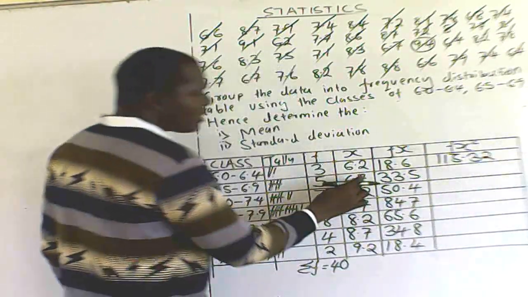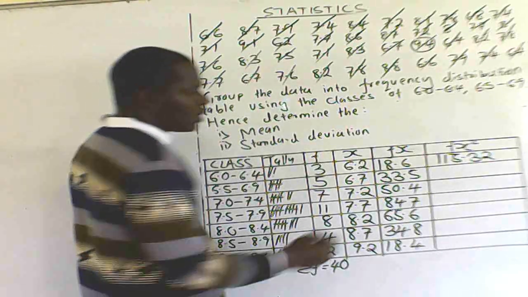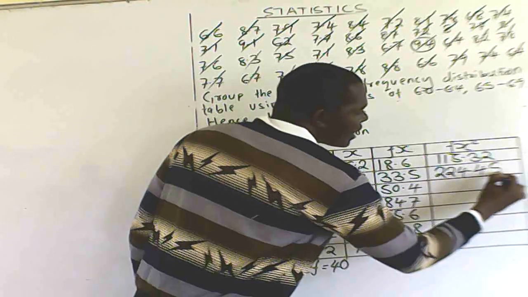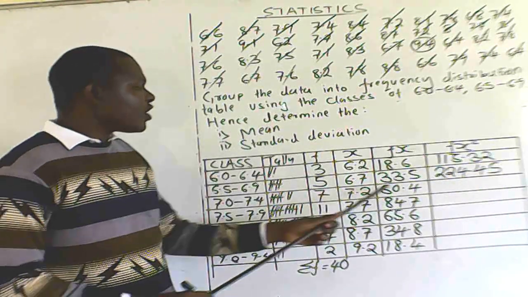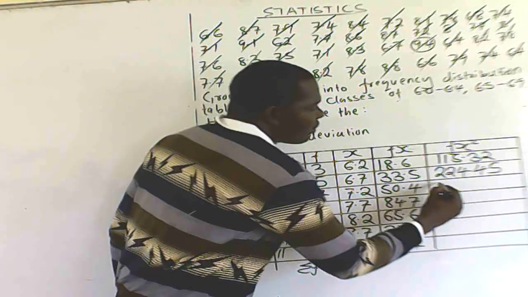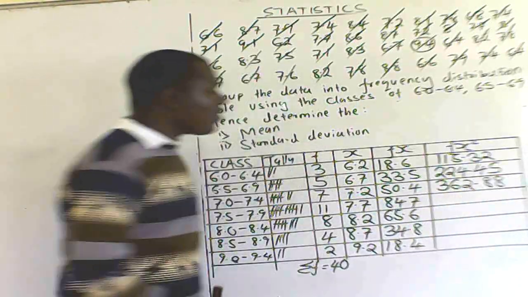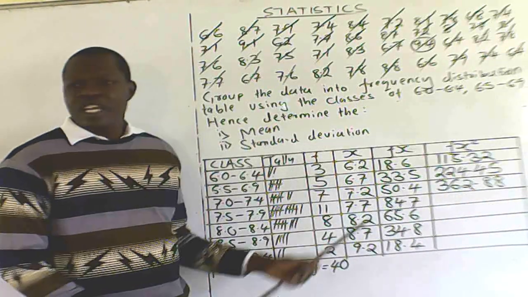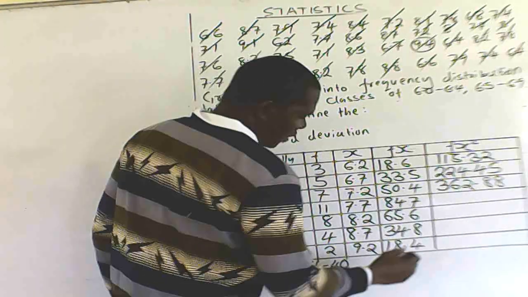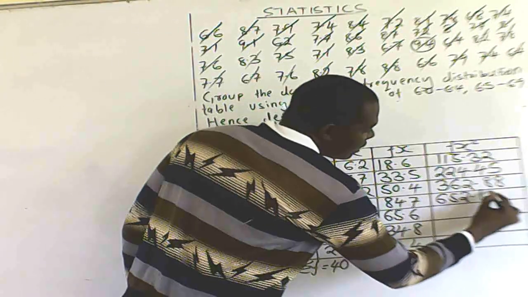115.32. Then the next one, 6.7 times 33.5. 224.45, isn't it? Then the next one, 7.2 times 50.4. 362.88. Then the next one, 7.7 times 84.7. 652.19.